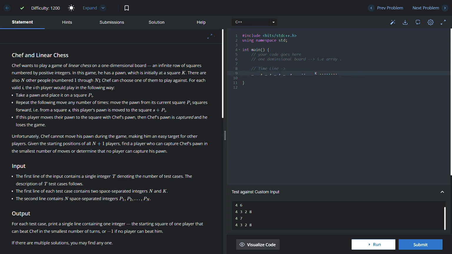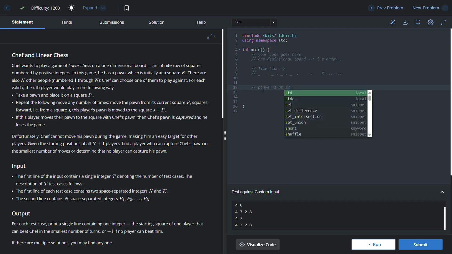What next? Now we also have n other players, and they are present at p of i square. Like we have some other players, for example player 1 at square 2.